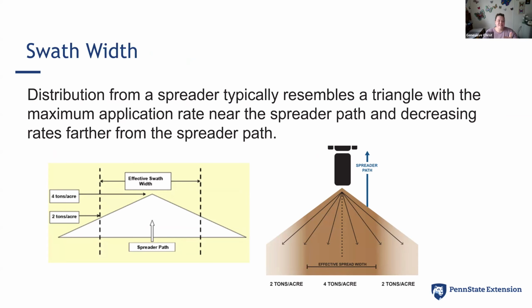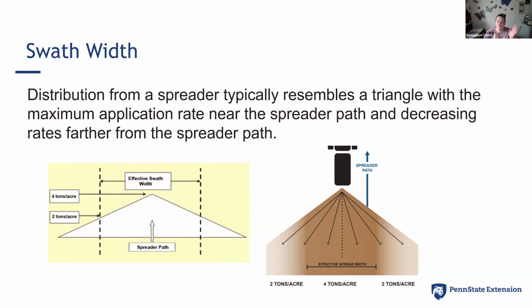Swath width. This is the distribution from a spreader. It's typically going to resemble a triangle, and we're going to see, of course, that our rate decreases as we spread out that manure in that spreader path. And the further we get from that middle, the less the rate is. And that's why understanding what our effective swath width is matters.